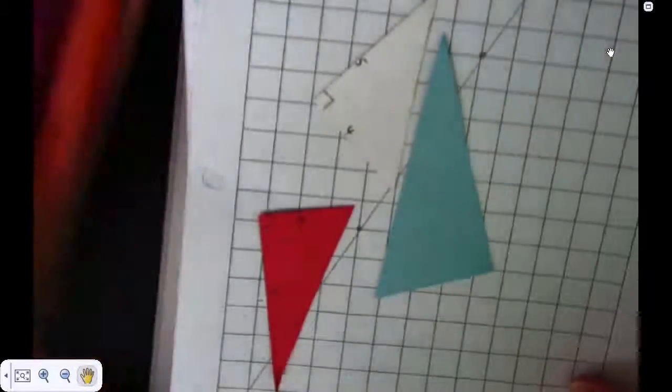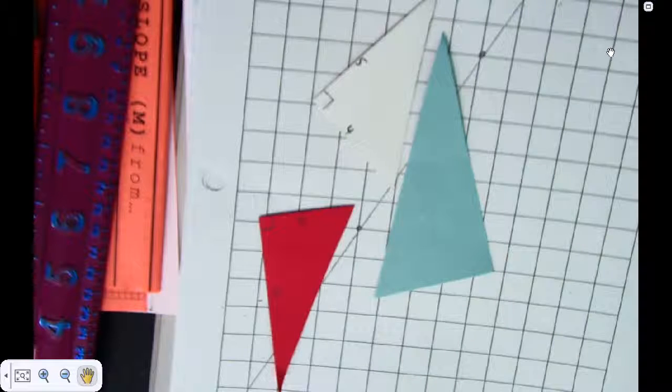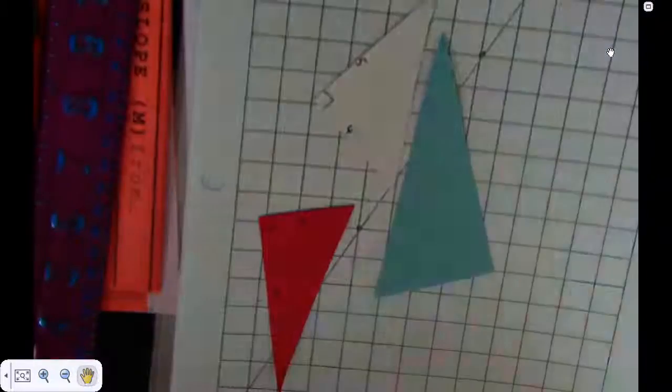Red and blue. The red and the blue have the same slope. Take the red and the blue right now, and you see I gave you little hints on the line, didn't I?